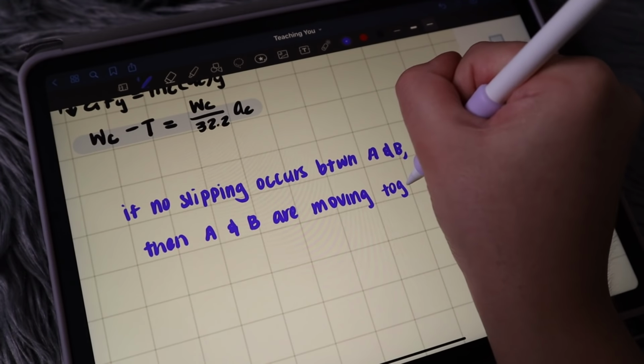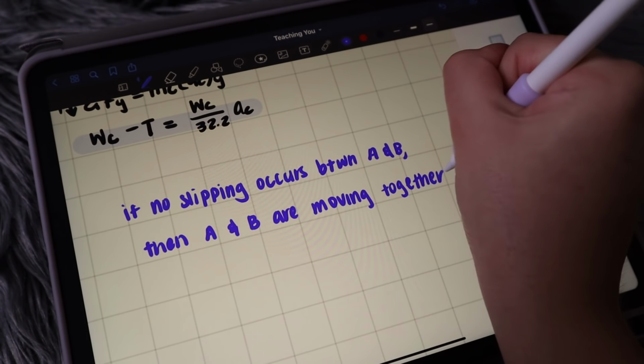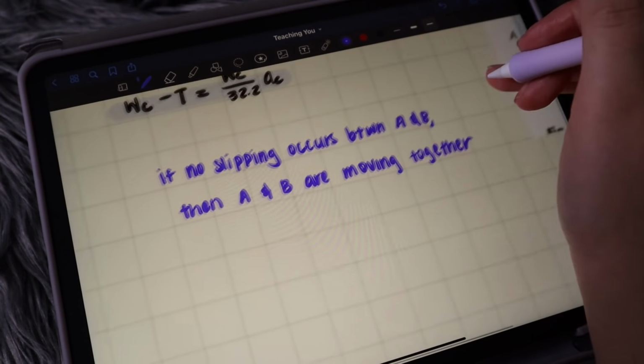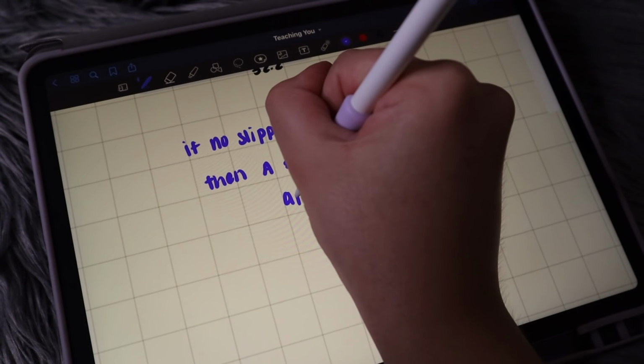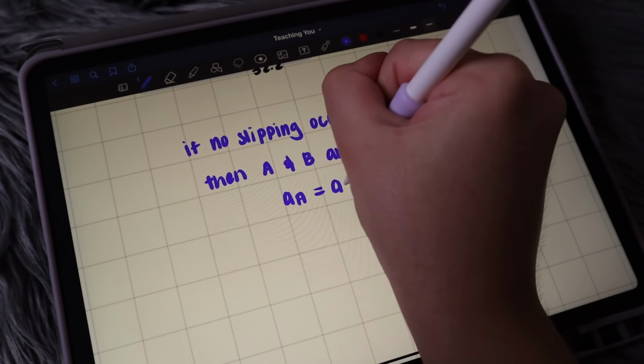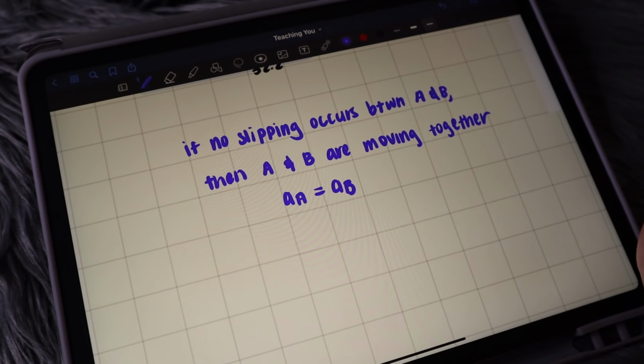They're moving at the same rate, right? So we're saying that the acceleration of A is equal to the acceleration of B.